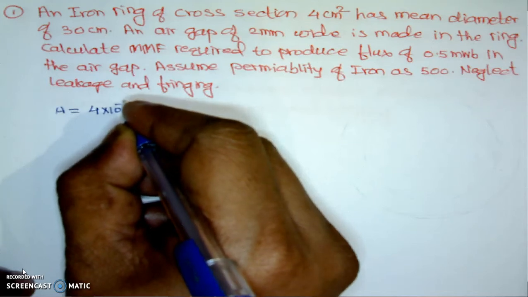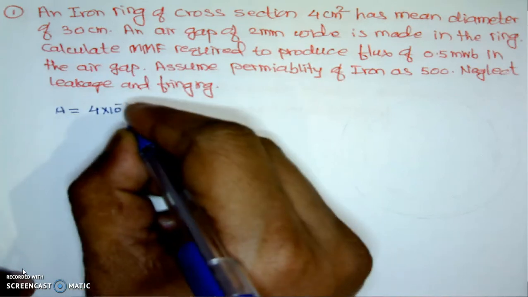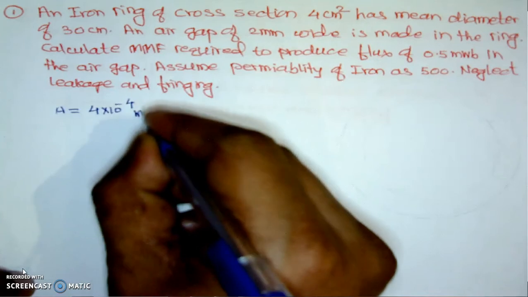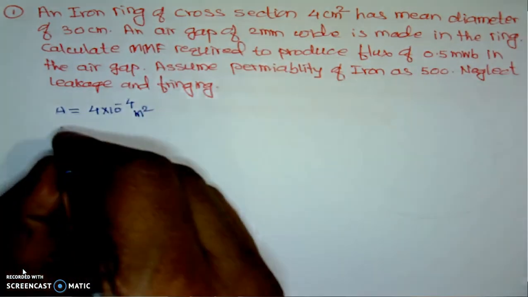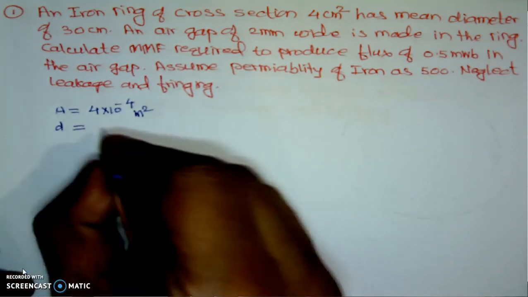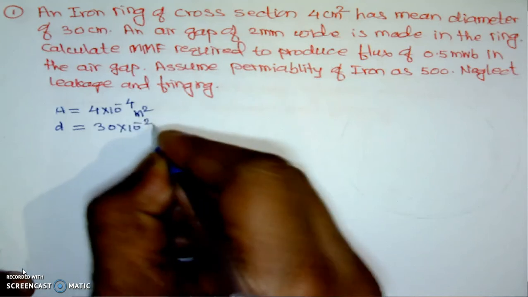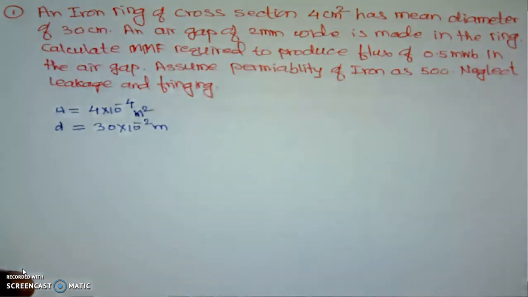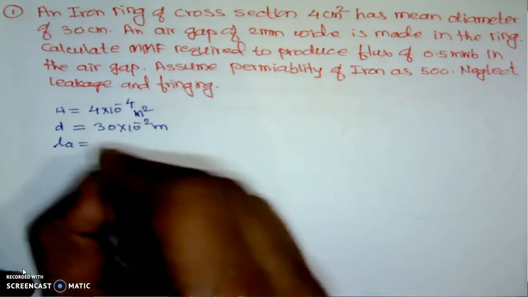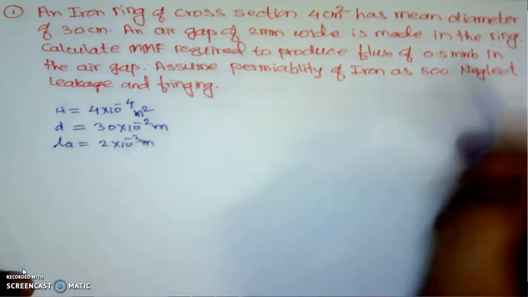It has a mean diameter of, here the diameter of the ring is given as 30 centimeters, that is 30 into 10 raised to the power of minus 2 meters. An air gap of 2 mm wide means the length of the air gap is given, that is la is 2 into 10 raised to the power of minus 3 meters, is made in the ring.